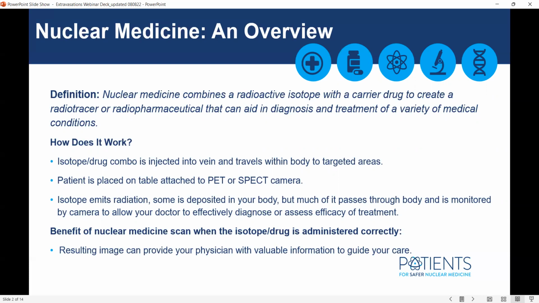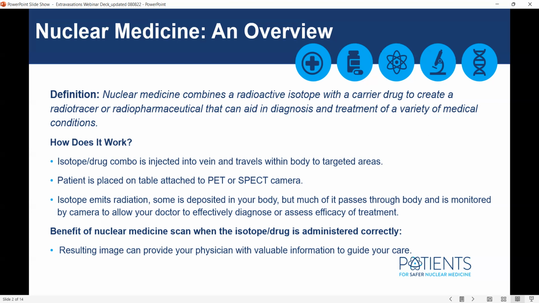Nuclear medicine combines a radioactive isotope with a carrier drug, which is injected into your vein prior to the scan. The nuclear isotope passes through your body and is picked up by the PET or SPECT camera. The resulting image of a nuclear medicine scan will show the inside of your body lit up, which allows the doctor to diagnose and determine treatment based on the image.